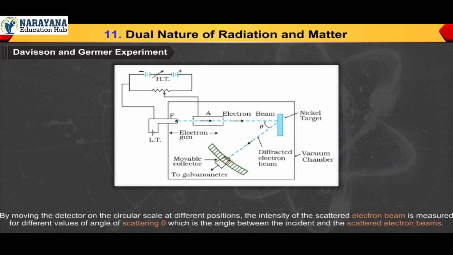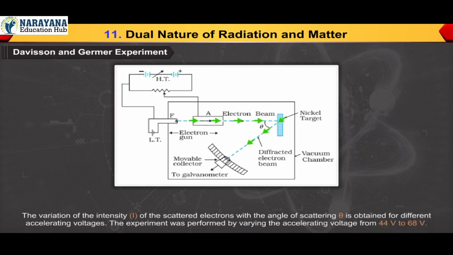By moving the detector on the circular scale to different positions, the intensity of the scattered electron beam is measured for different values of the angle of scattering theta, which is the angle between the incident and the scattered electron beams. The variation of the intensity I of the scattered electrons with the angle of scattering theta is obtained for different accelerating voltages.